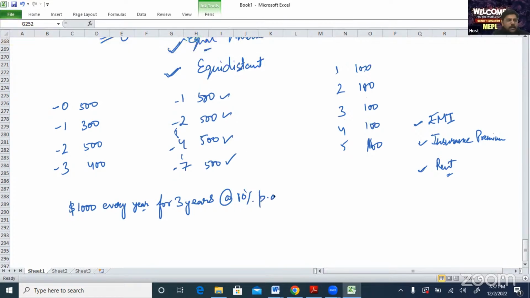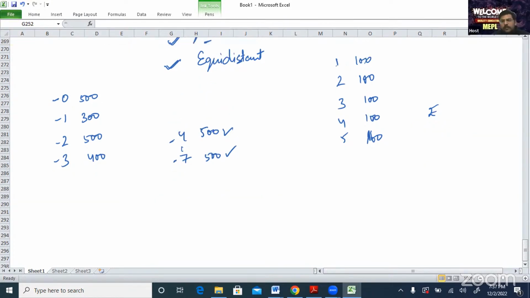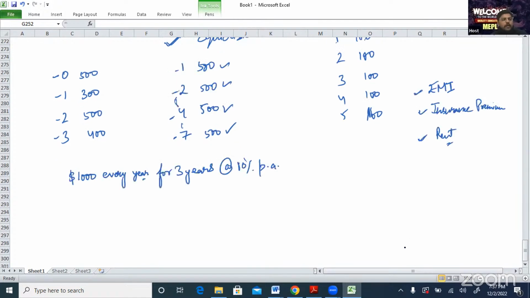So you are investing $1,000 every year for 3 years at 10% per annum. What is the future value? That is something which you have to calculate.